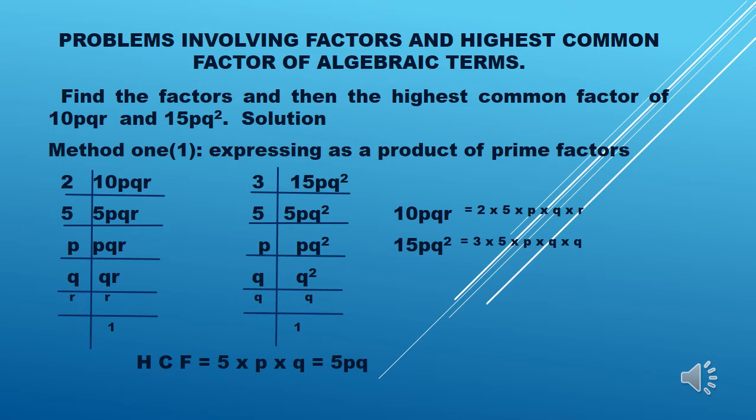We'll pick p, and we also have q. One of the q's is left, because in 10pqr we have just 1 q. So the common ones are 5, p and q, and when we multiply them out, we have our highest common factor to be 5pq.